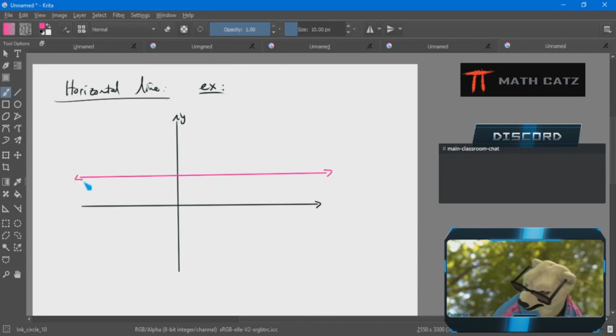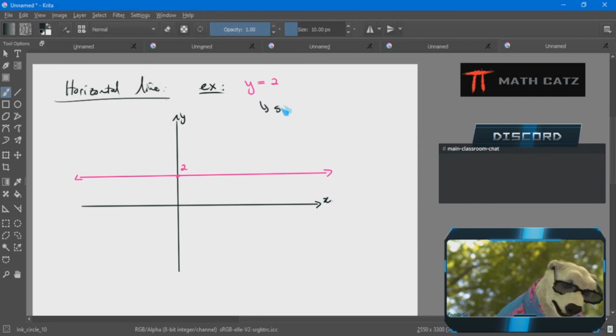Horizontal line goes on forever, let's suppose at 2. What is the equation? The equation is, well, regardless of the x value, y is always equal to 2. You can plug in any x value into this equation. The y value is always 2. Now it looks special.